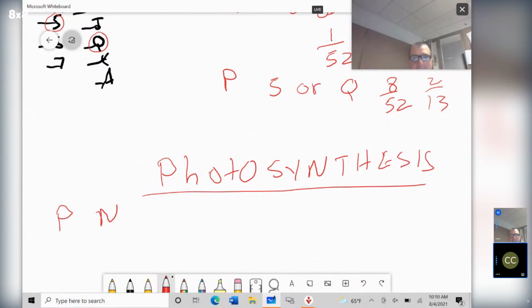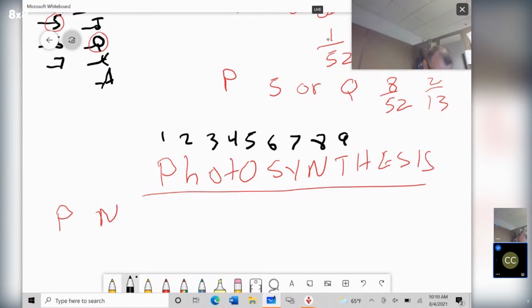So we're going to see how many letters are in this word first. So it's 1, 2, 3, 4, 5, 6, 7, 8, 9, 10, 11, 12, 13, 14. Okay, and now I'm going to look how many N's are in photosynthesis. Well, I only see one right there. So the probability of getting an N is going to be 1 out of 14.